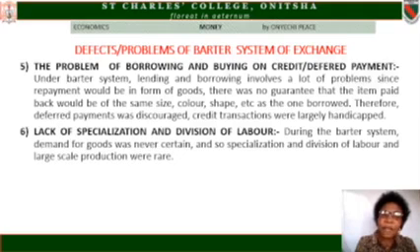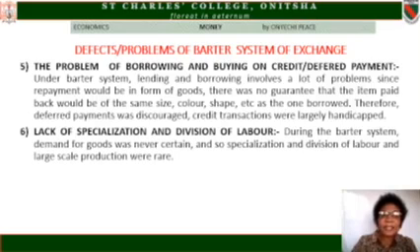Therefore, deferred payment was discouraged. Credit transactions were largely handicapped. Then we have the 6th point, which is lack of specialization and division of labor. During the barter system, demand for goods was never certain, and so specialization and division of labor and large-scale production were rare.